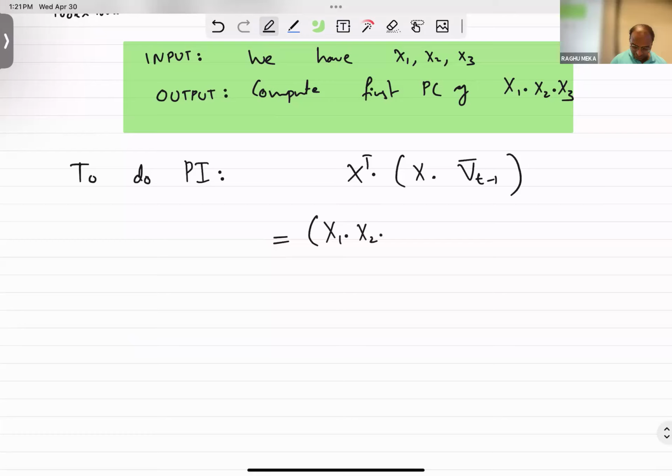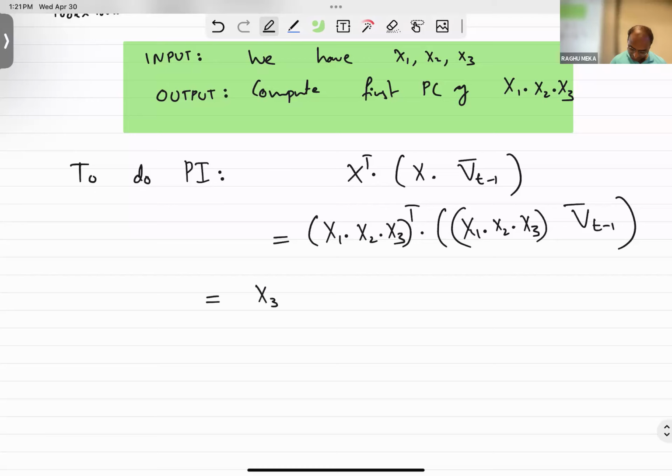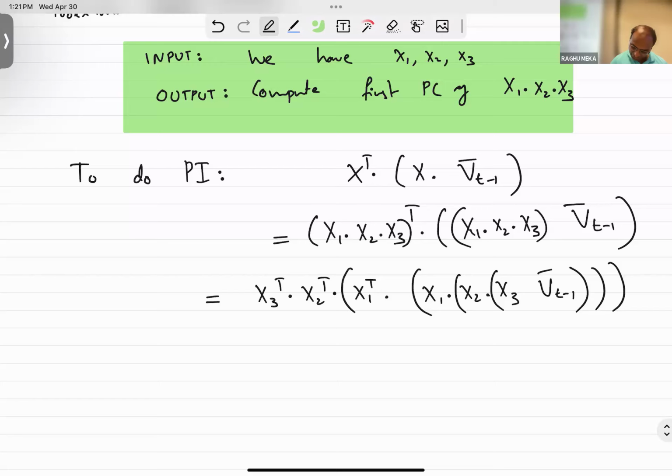This is just x1 times x2 times x3 transpose times... and I can once again use associativity to the rescue. So I can run the whole power iteration without even computing the matrix X.